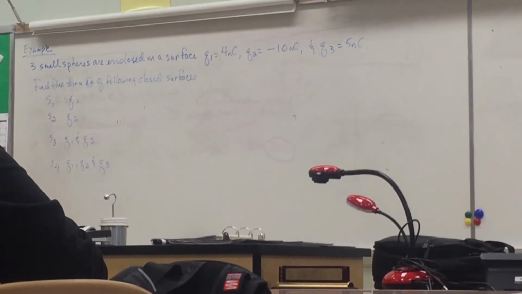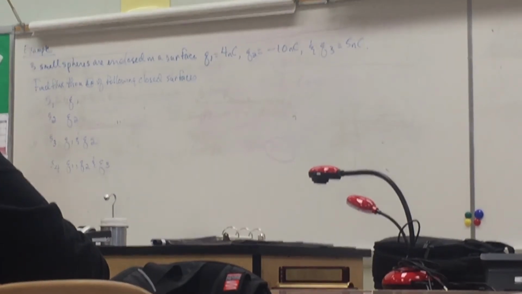Q1 is 4 nanocoulombs, Q2 is negative 10 nanocoulombs, and Q3 is 5 nanocoulombs. Surface 1 is enclosing charge 1. Then I put Q2 being closed by a surface. Then I put Q1 and Q2 together and closed by a surface. Then I put Q1, Q2, and Q3 together and closed by a surface. I want the flux through each of those surfaces.